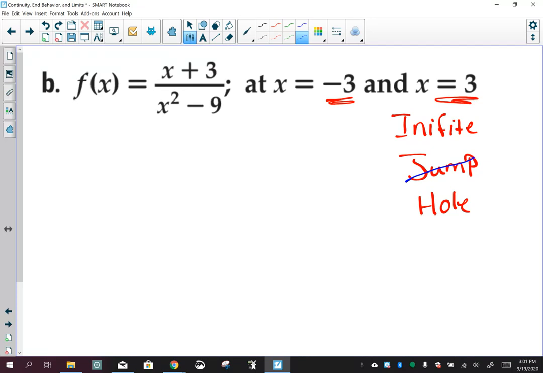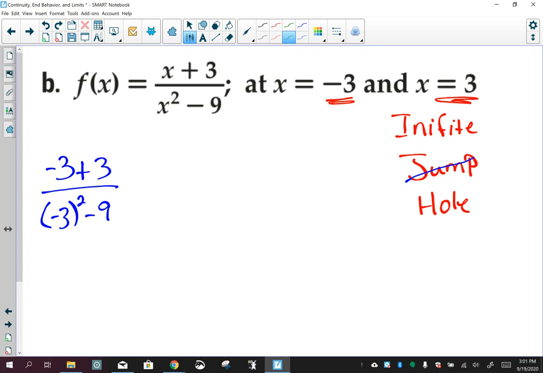Okay, so if I'm looking at this, well, looking at it, I have no idea, but what I do know is if I plug in my -3 down here and my +3, I wind up with 0 in the denominator. So if you take a look, I'm going to plug in the first one, -3 plus 3, all over -3 squared minus 9.